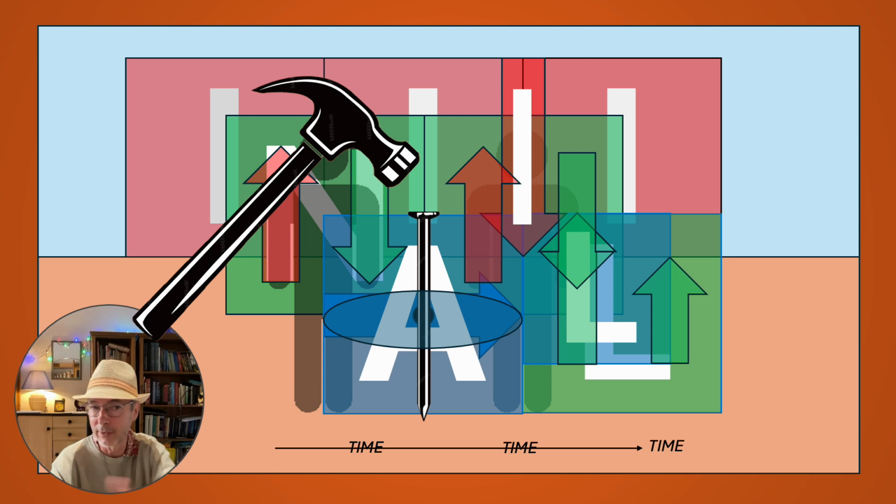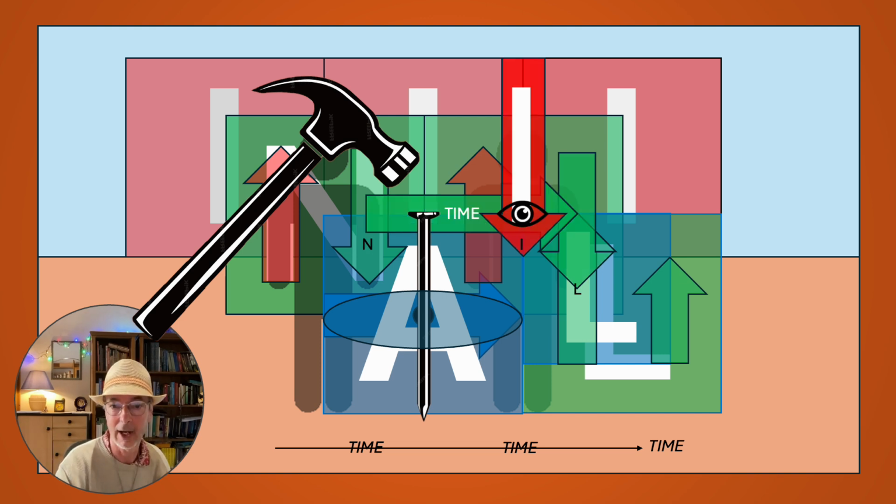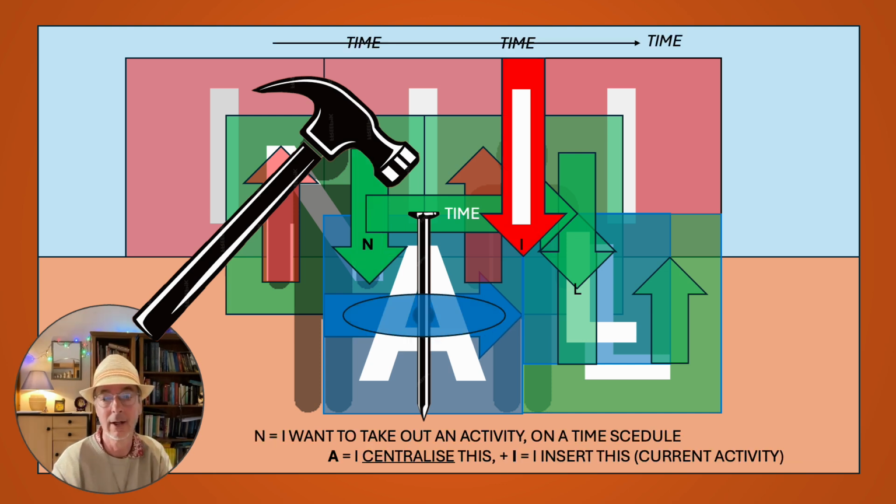And of course, the N will make a whole time schedule. This time schedule will say, okay, after the platform, I will have a moment where I will insert, in this case, my vision, that I will use it with a hammer in that way. It's just an example of what you can do with it.